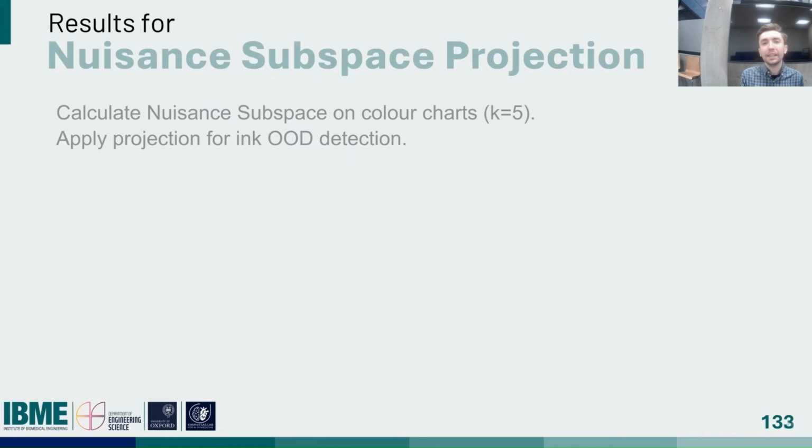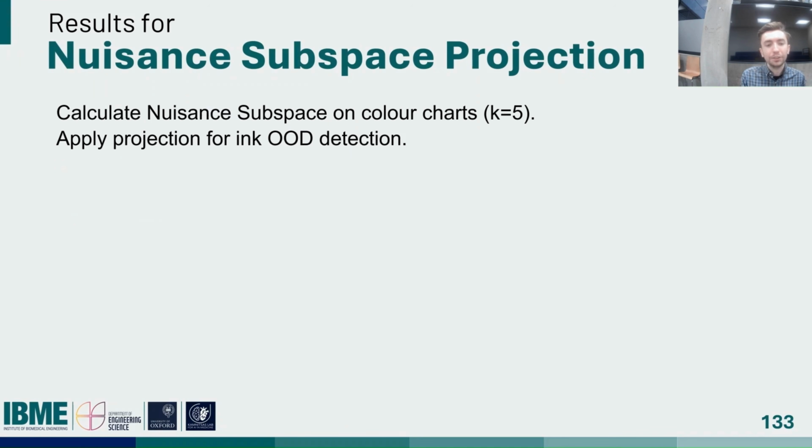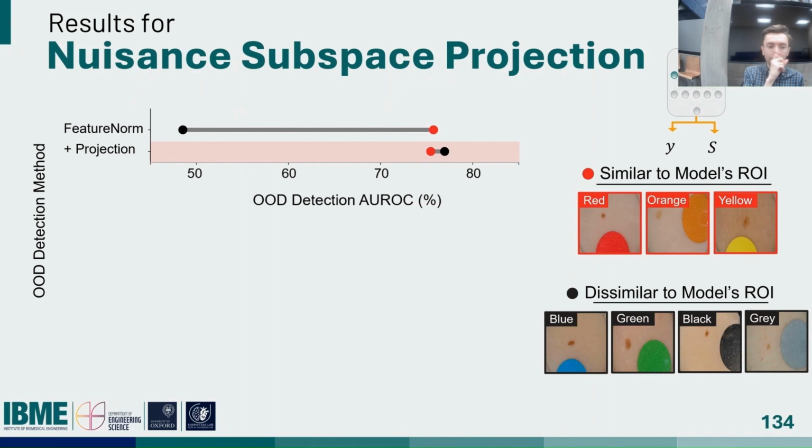Now looking at the other mitigation strategy, nuisance subspace protection. So we first calculate the nuisance subspace on color charts, and then we applied the projection on the ink artifact. So here are the results, first for feature norm, where the red here shows the AUC with projection.